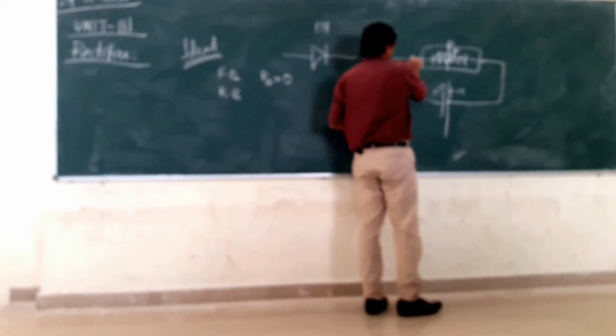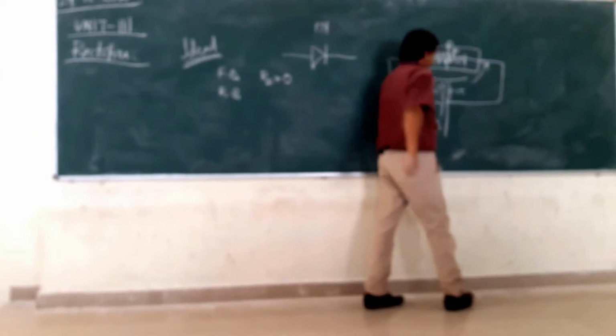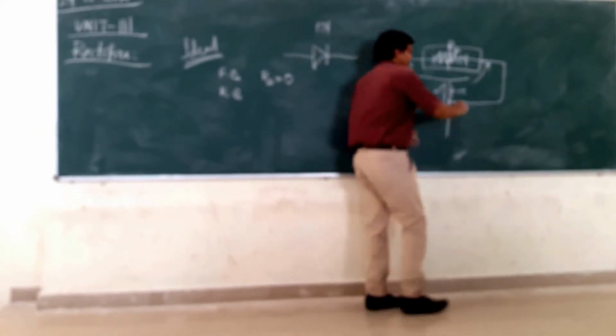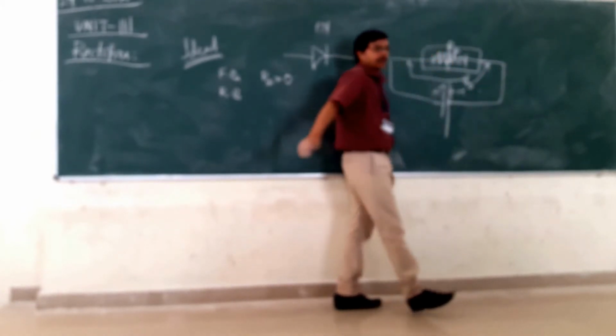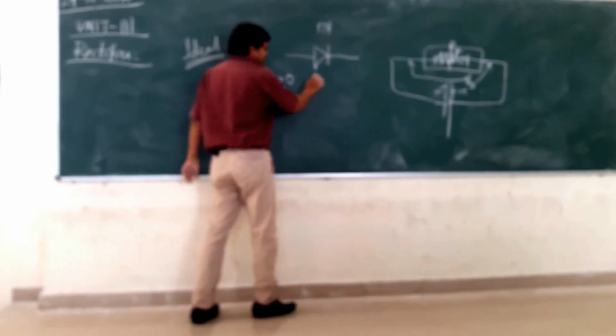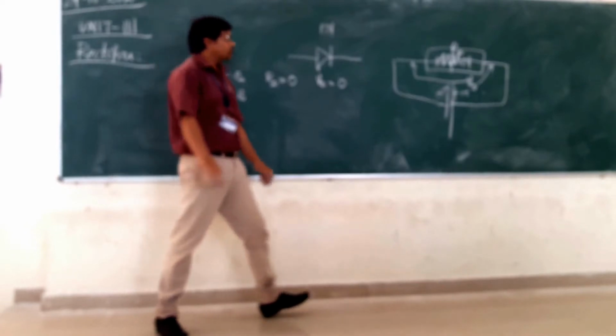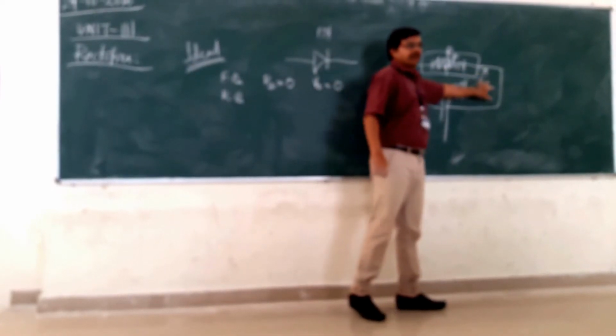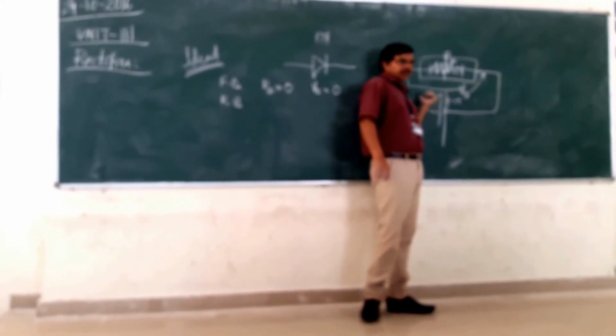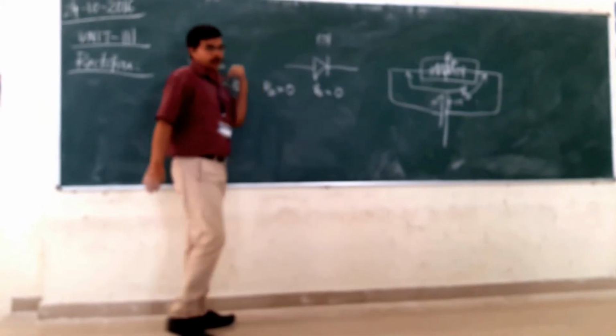And if I want to know the voltage across it, the potential difference, then in the forward bias condition the voltage will be 0. So there is no potential difference in the forward bias condition in an ideal diode.